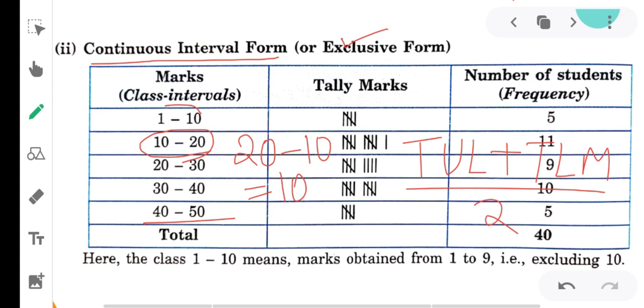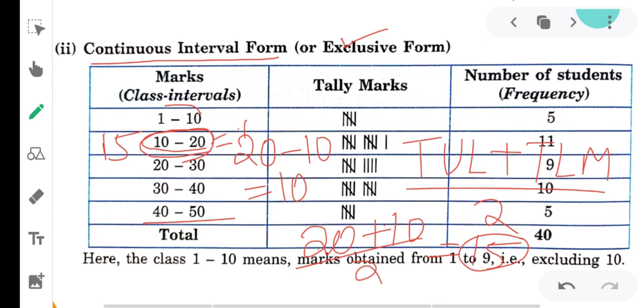For this class, the true upper limit is 20 plus the true lower limit 10, divided by 2. So 20 plus 10 is 30, divided by 2, that is 15. So for this class, 15 is the class mark. The class mark of this class is 15, and the class size is how much?